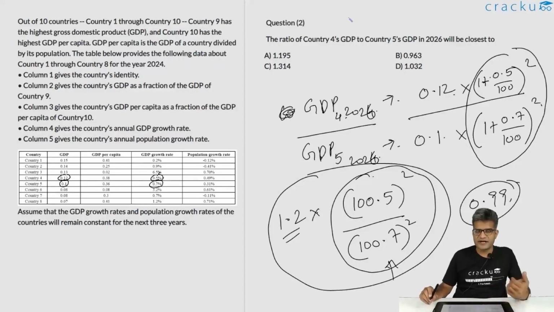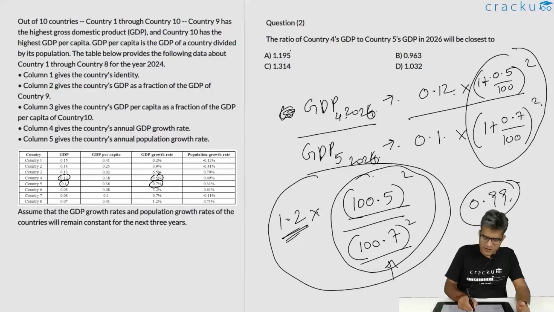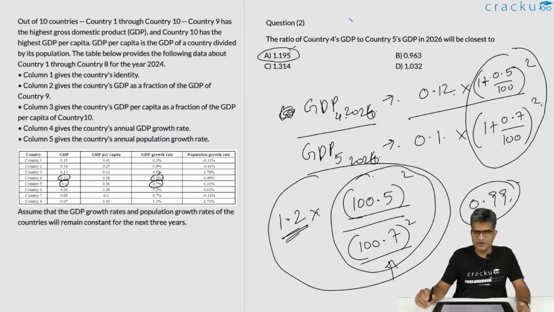Again, if you are not sure, you can actually calculate, you will figure out that it is true, because 100.5 and 100.7 are very close to each other. If you are taking the ratio, it will be very close to 1. You are squaring it, still it will remain very close to 1. You are multiplying it with 1.2, so it will go slightly less than 1.2. If you are looking at the options, you can immediately figure out that the only option which seems reasonable is 1.195.